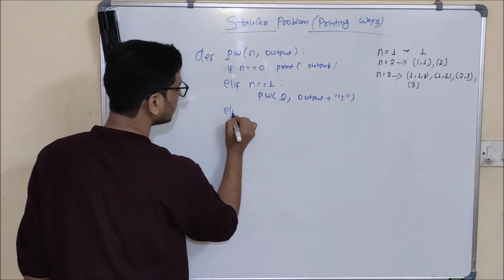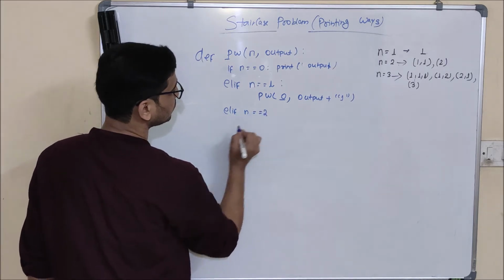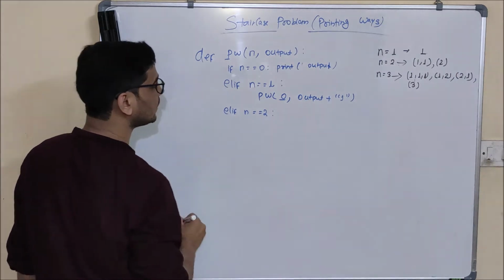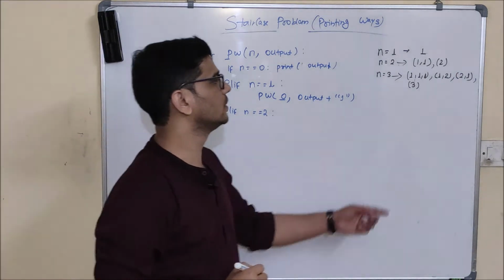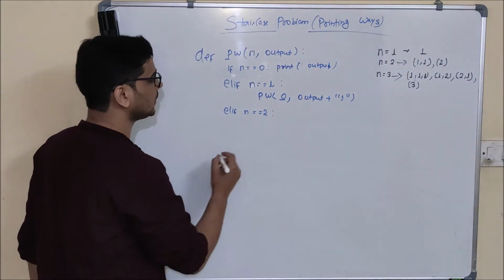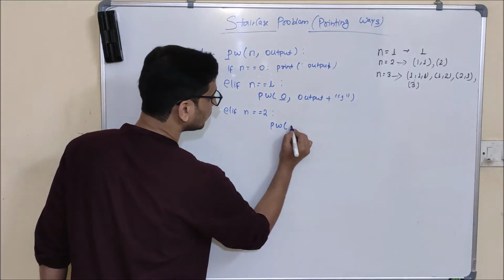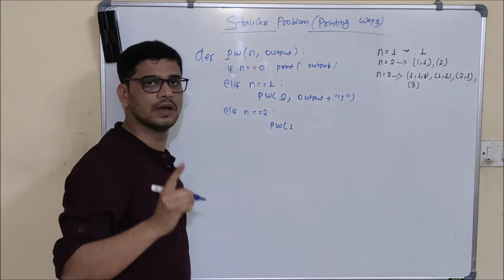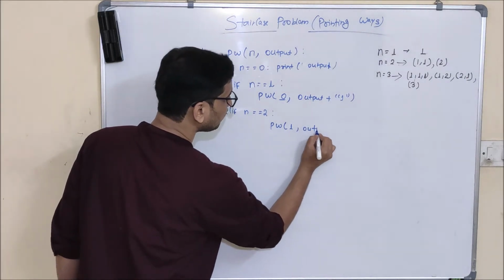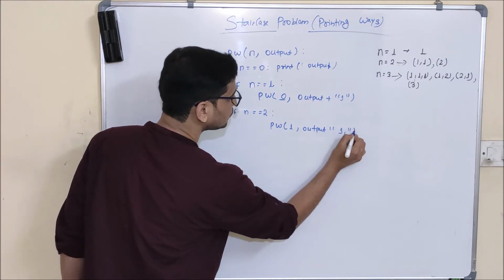Now come to case 3, that is n equal to 2. This is case 1, case 2, case 3. If n is equal to 2, I have two options: a 1-step jump or a 2-step jump. Suppose I take a 1-step jump, then I call pw(1, ...) because I will have one more step to climb, and I append to output that I have taken a 1-step jump.